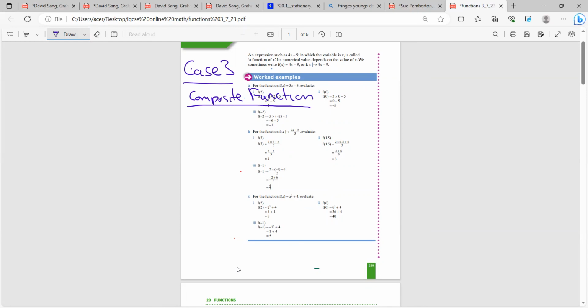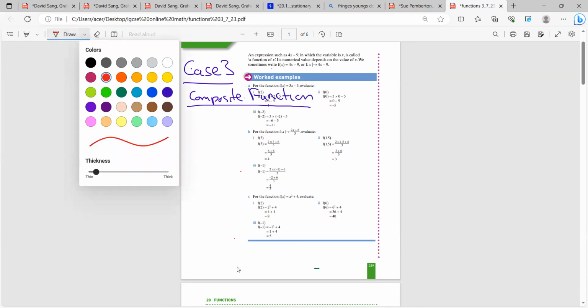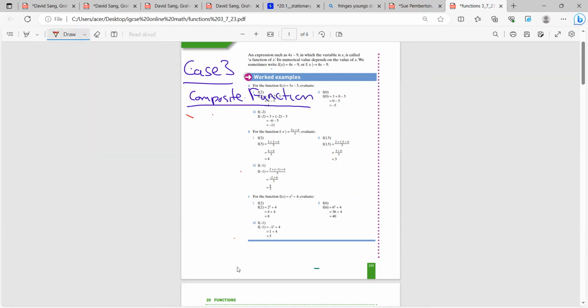So under composite function, you'll be putting a function inside another function. So we can write a function inside a function. Perfect. So I'm going to illustrate that with an example. So this is the most common type of question, like in the exam.